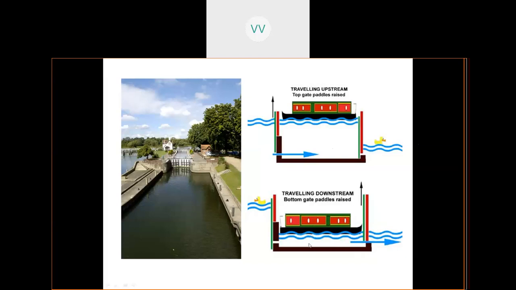Once the water level is rising, the boat also rises along with it, until it reaches the top level, that means the upstream water level. Then the gate at the upstream side is opened and the way is opened for the boat to go out.